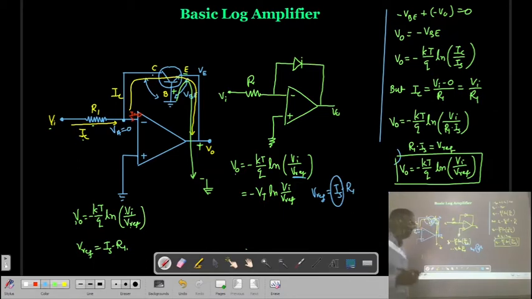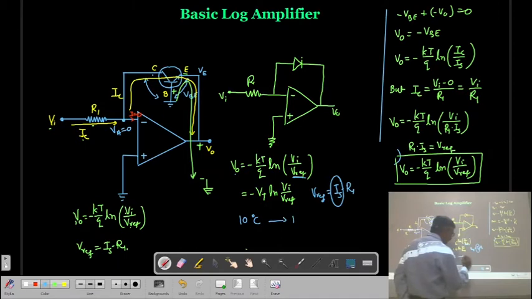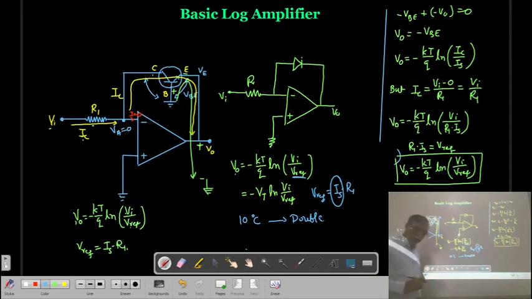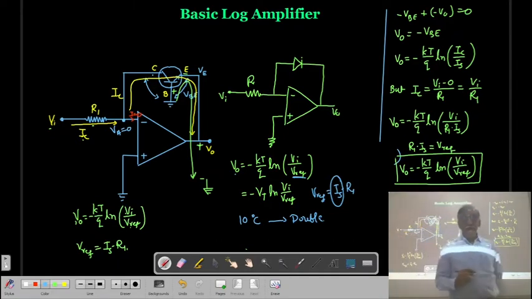So if we see the saturation current, then with a 10 degree centigrade rise in temperature, the saturation current is going to double. Remember, with a 10 degree rise in the temperature, the value of Is doubles. It means it is highly sensitive to temperature.